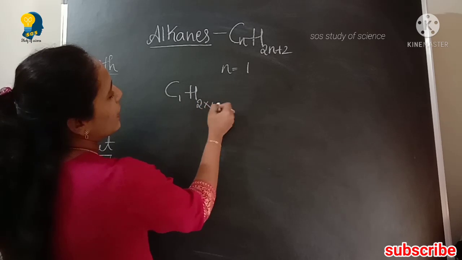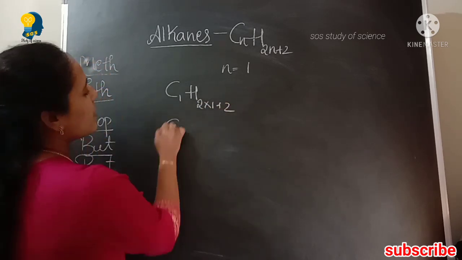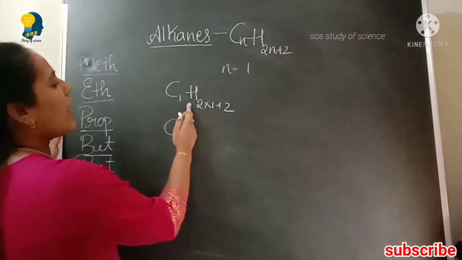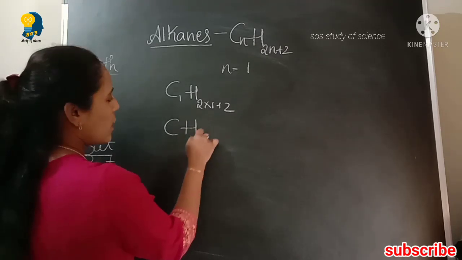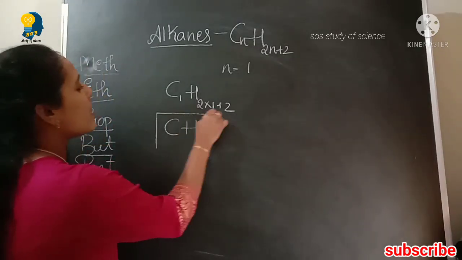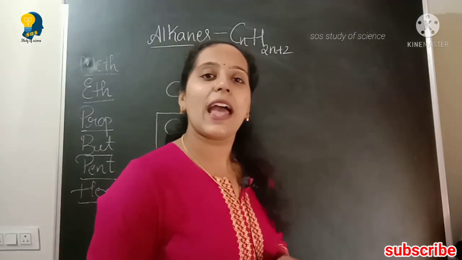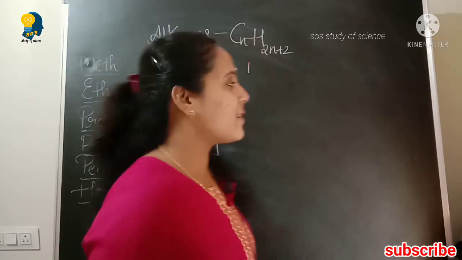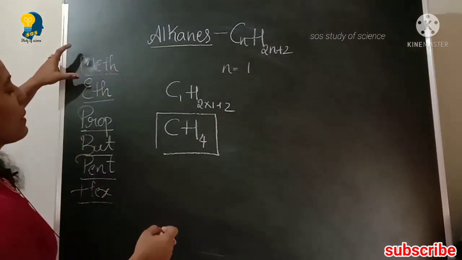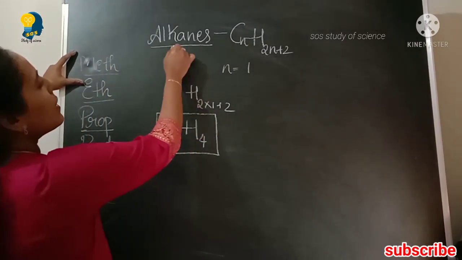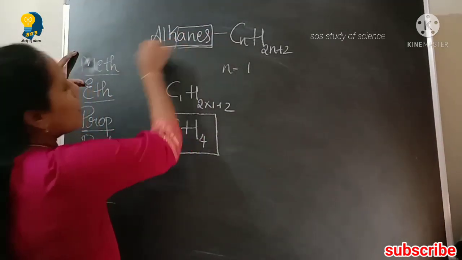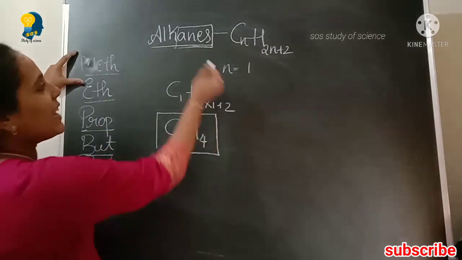C1H2 into 1 plus 2. It is nothing but C1, which is the same as C. H2 times 1 is 2, plus 2 is 4. CH4 is the first member of the alkane. So how do we name CH4? Very importantly, we want to understand. As I told you, the first member is meth, and our saturated hydrocarbon ends with ane.